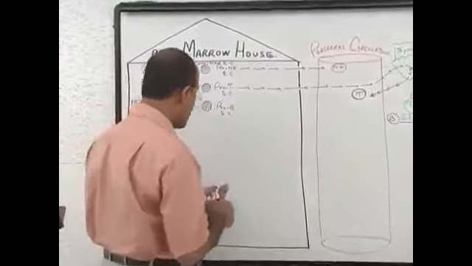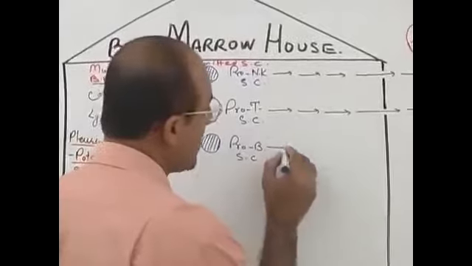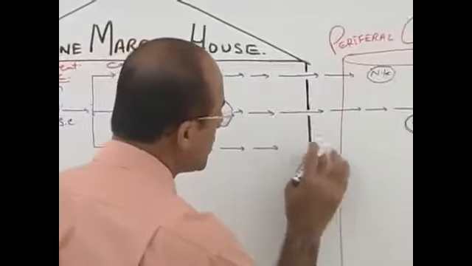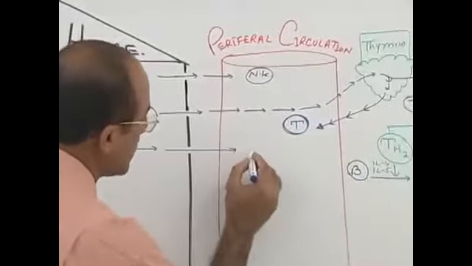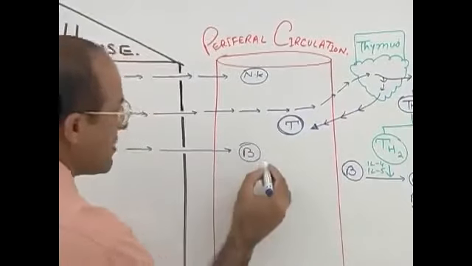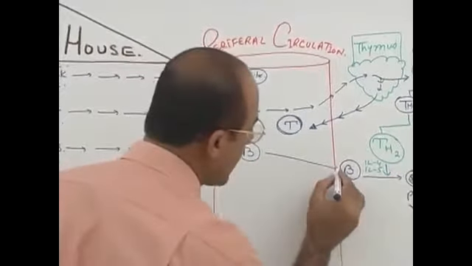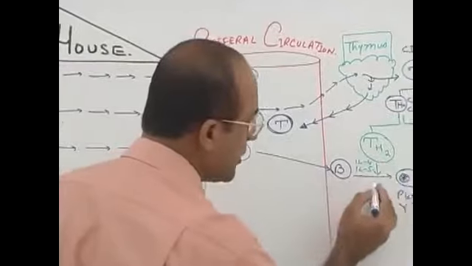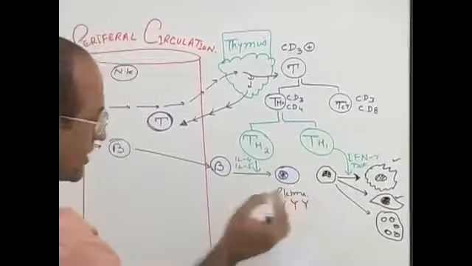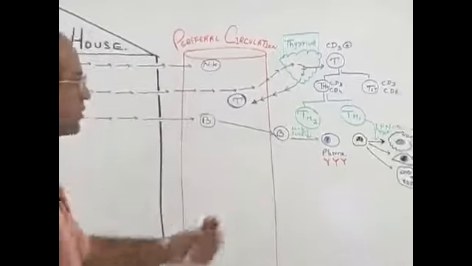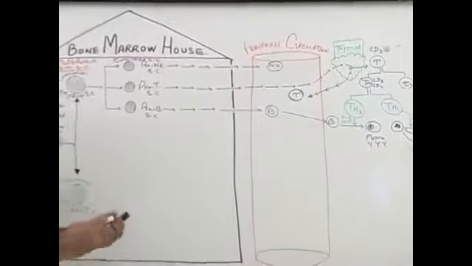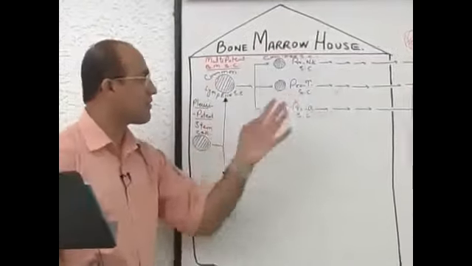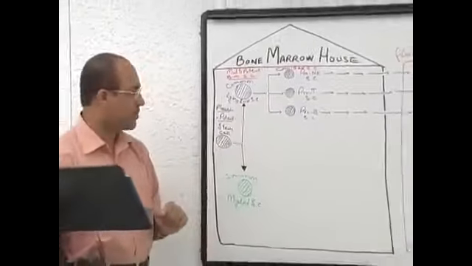These pro B cells, when they are activated, mature in the bone marrow and are converted into B cells. But already we have seen that when these B cells are acted upon by the T helper 2, they can convert into plasma cells and produce the antibodies. So this was very briefly about the lymphoid cell production.